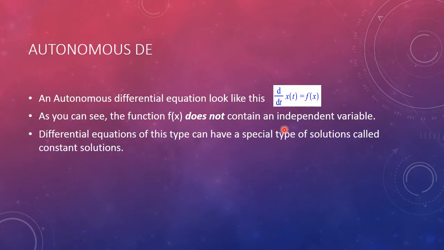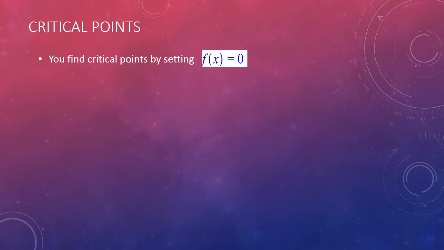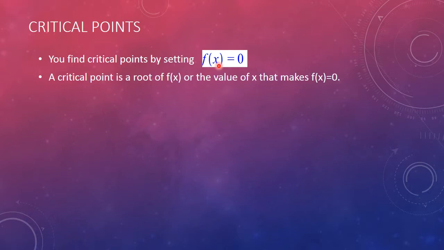Differential equations of this type can have special solutions called constant solutions. And you'll find these solutions at locations called critical points. So what is a critical point? A critical point is a value of x that makes this function equal to 0, or a root of f of x.